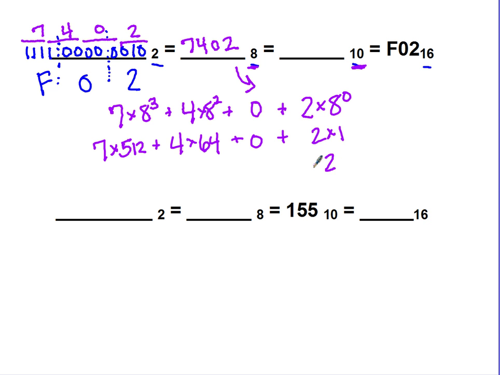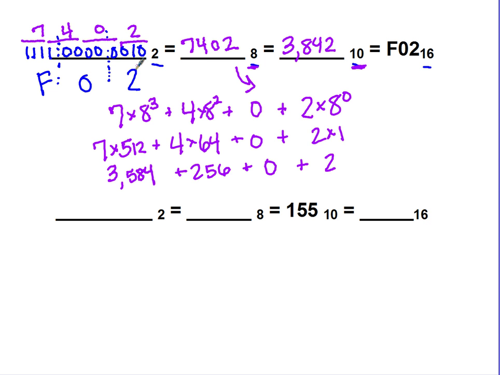So this is going to be 2 plus 0 plus 256 plus a really big number here, 3,584. And when I add all of those up, I get 3,842.